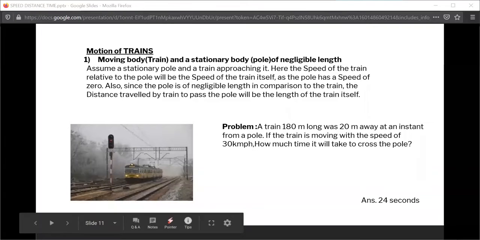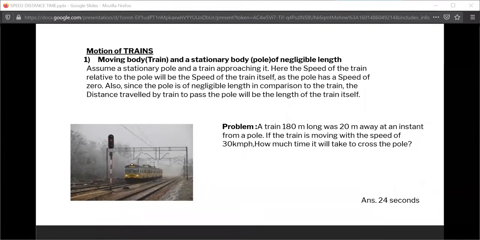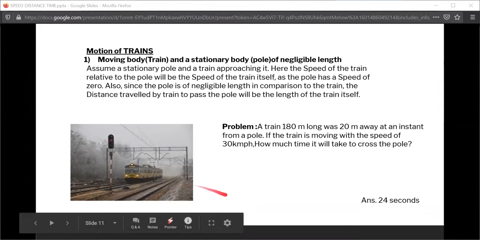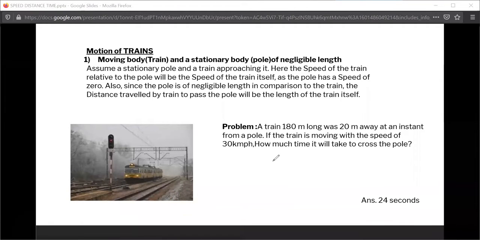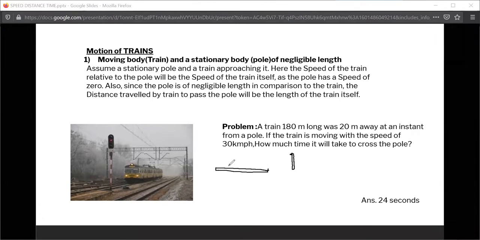So let's see a problem. The train is 180 meters long and is 20 meters away at an instant from the pole. So let this be the pole and this be the train. Train length is 180 meters.